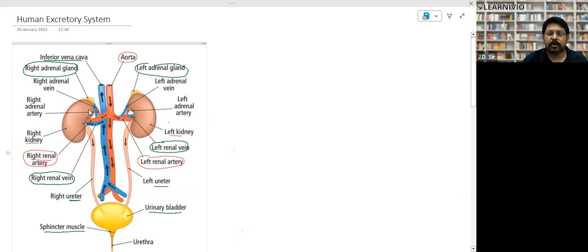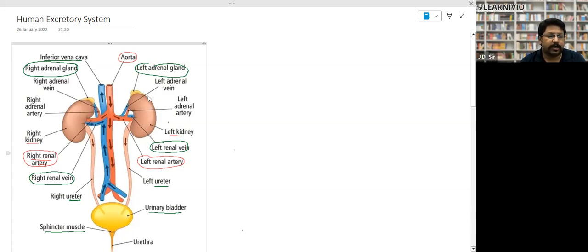Any organ which is present in a pair, like even let's take hand, let's take leg, both of them do not have the similar physiology. There is a difference. So we have a pair of kidney. This kidney is a bit higher side. This kidney is a bit lower side, right? So this left side kidney is a bit higher in position. This one is a bit lower in position, right?